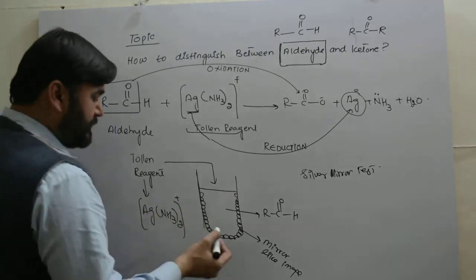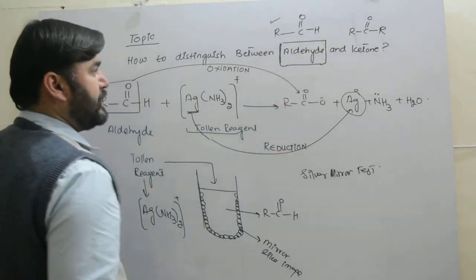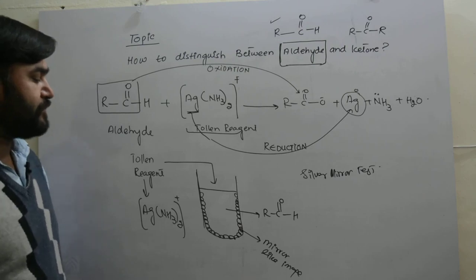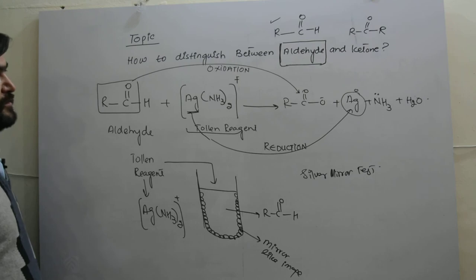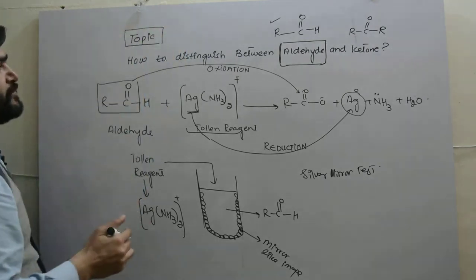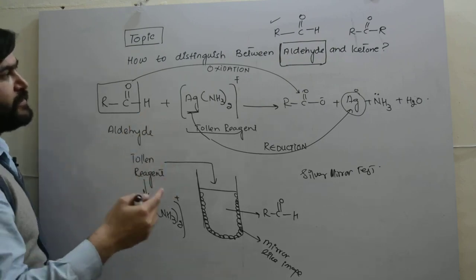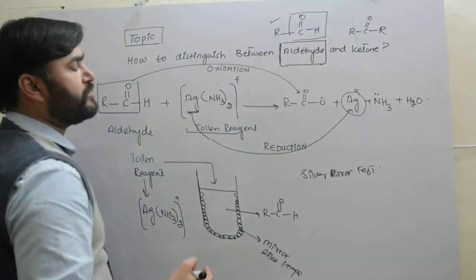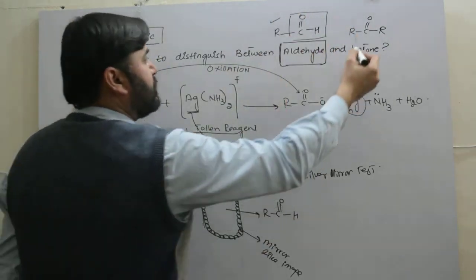This is very important because it only reacts with the aldehyde, but it will not react with the ketonic group. So, that is why it is called the silver mirror test, and it is also called Tollens' test. The topic is very easy. The topic was how to distinguish between aldehyde and ketone. Aldehyde is a substance in which RCHO is present, and ketone is the compound in which R, C double bond O and R are present.